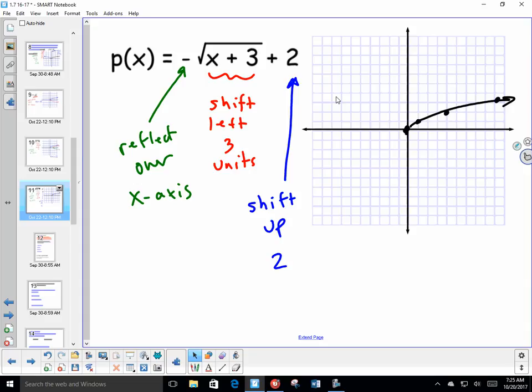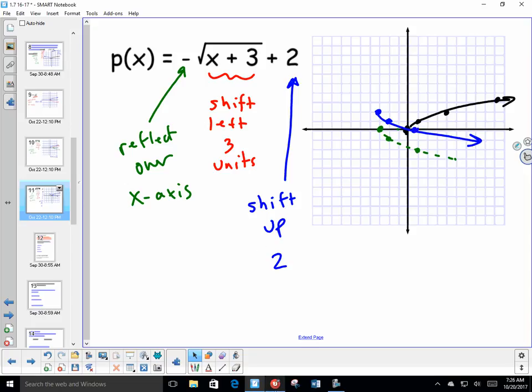So I think that means the graph will be shifting left 3 and reflecting over the x-axis would put me at something like this. And then I want that whole thing shifted up 2. So I think our final graph would look something like this. All right, let's check this last one on our calculators to see if it looks like that final blue graph that I have there.